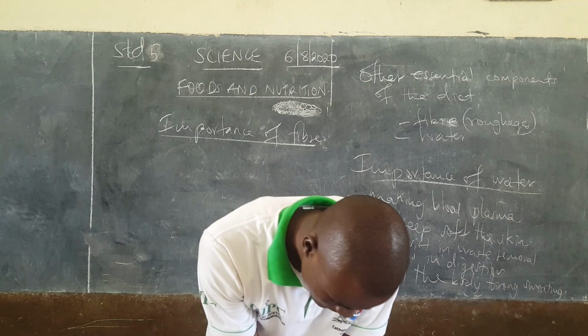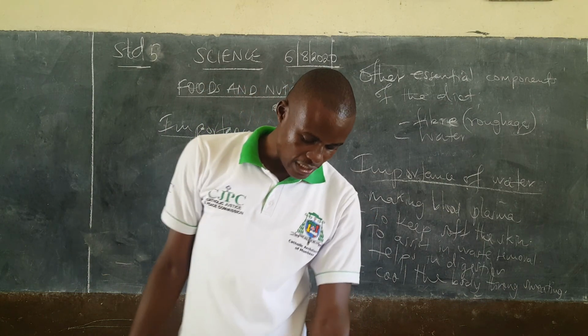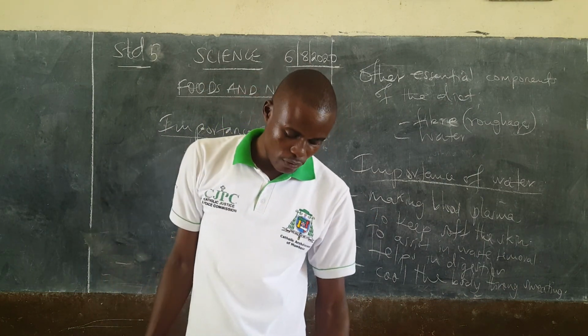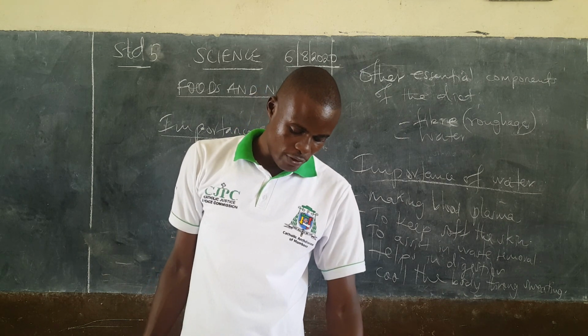They are thread-like substances found in foods such as vegetables, grains and fruits. They are also known as roughages, as we have mentioned.